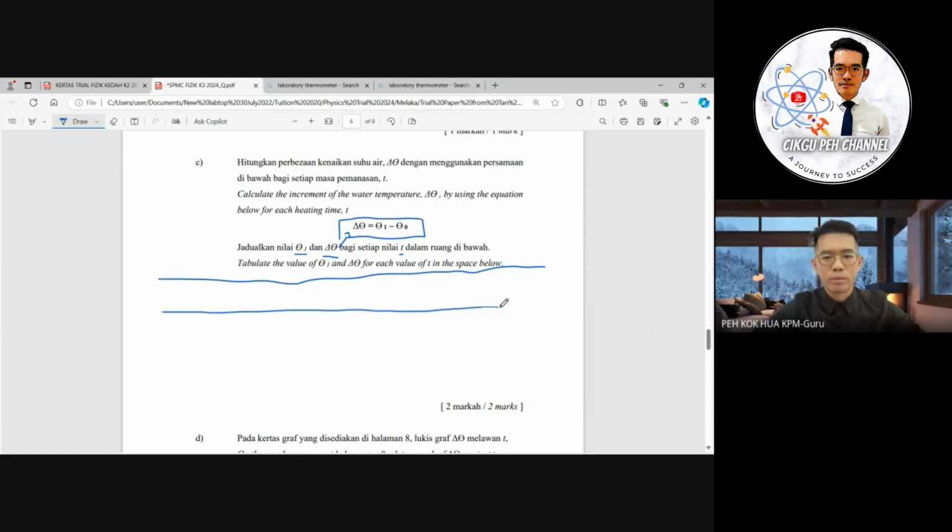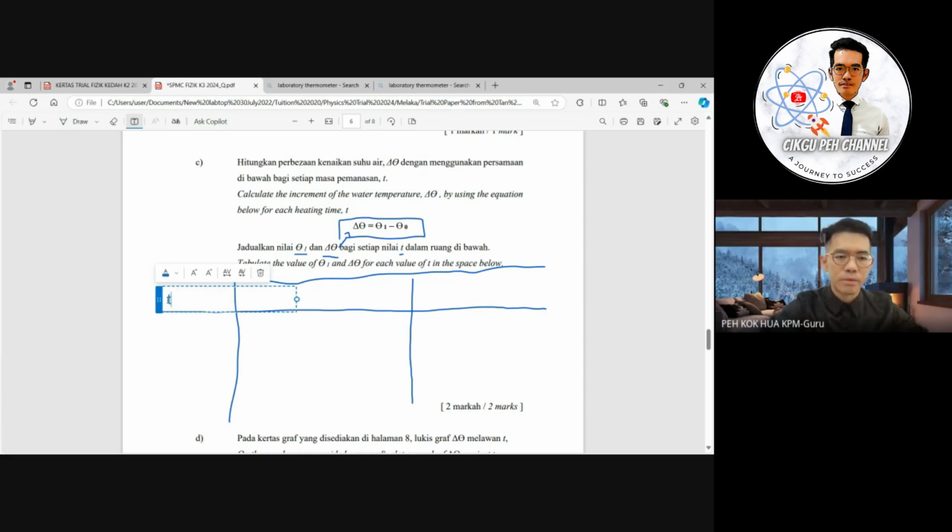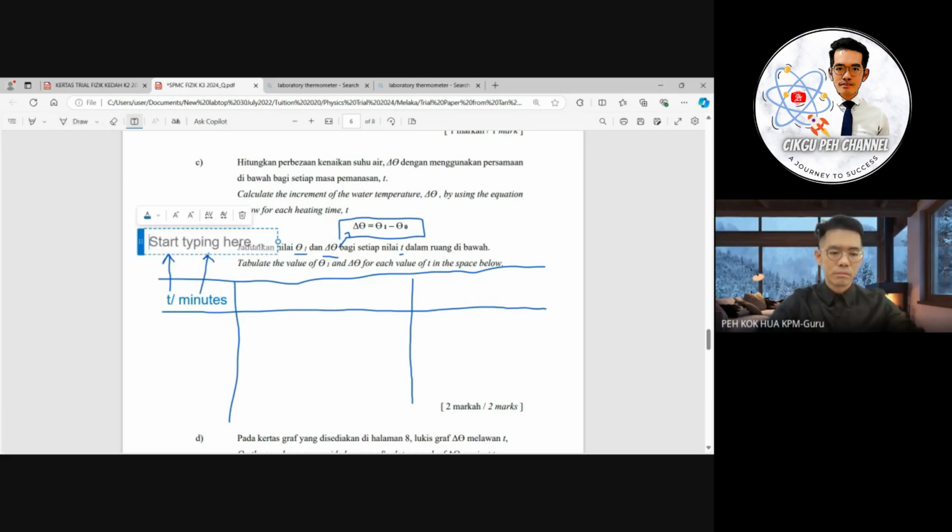Today I forgot to bring my pen pad, so I just draw like this. Here first you have to give time, T/minutes, with symbol and unit.